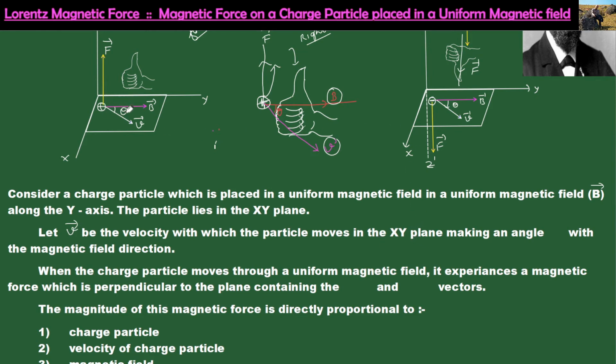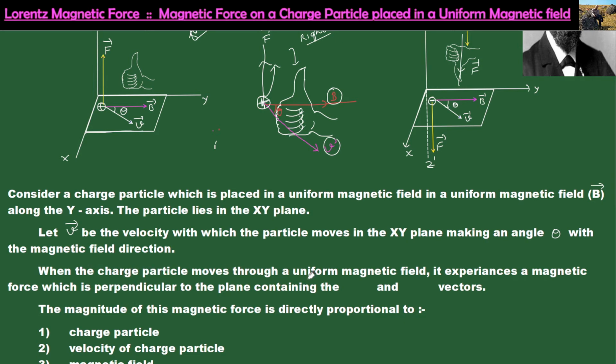So this charged particle is moving along this xy plane. This negatively charged particle is also moving along the xy plane. And the v vector and the B vector make an angle theta with the magnetic field direction.